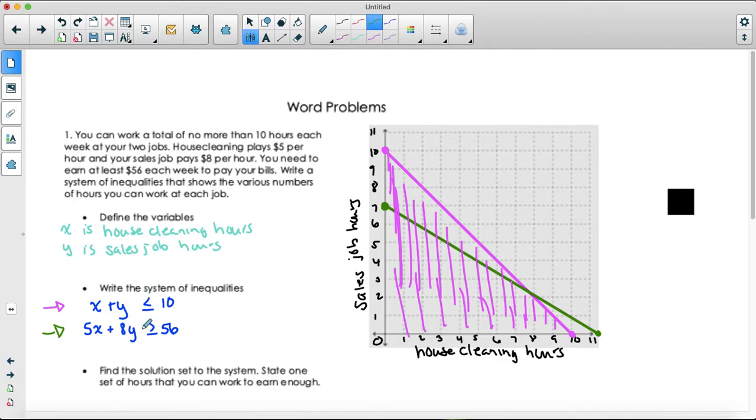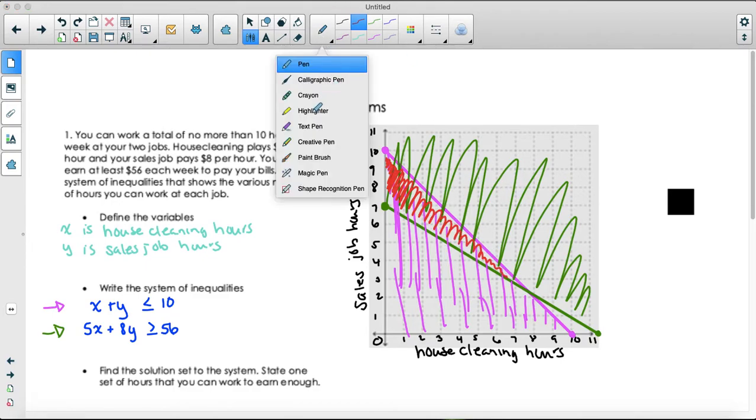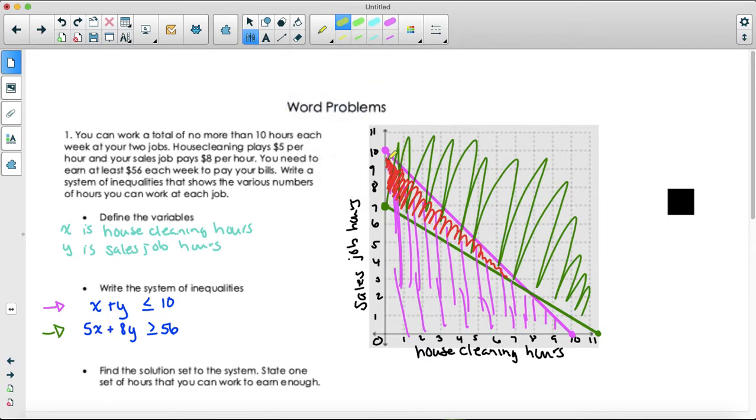For the green, I need it to be greater than the 56, so I need everything above the green. So the solution set is where the green and the pink meet. This would be the solution set of how many hours we should work for the money.